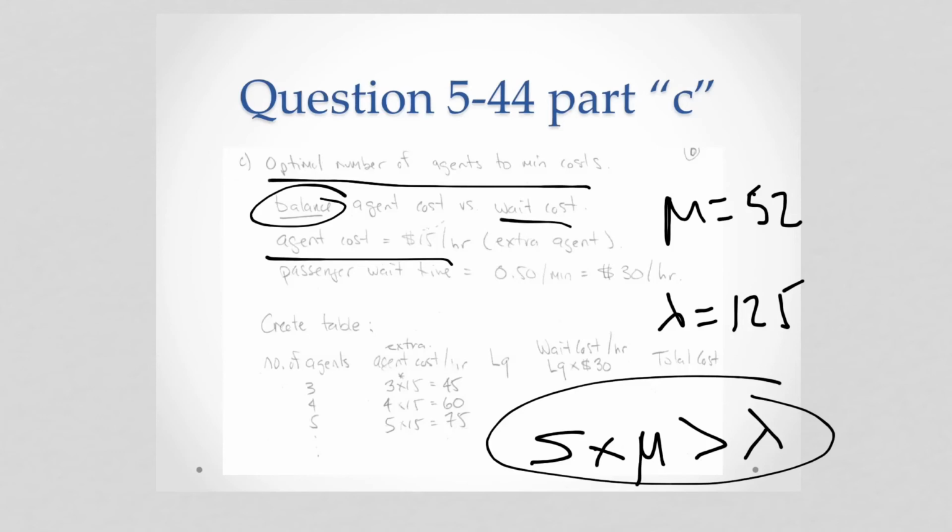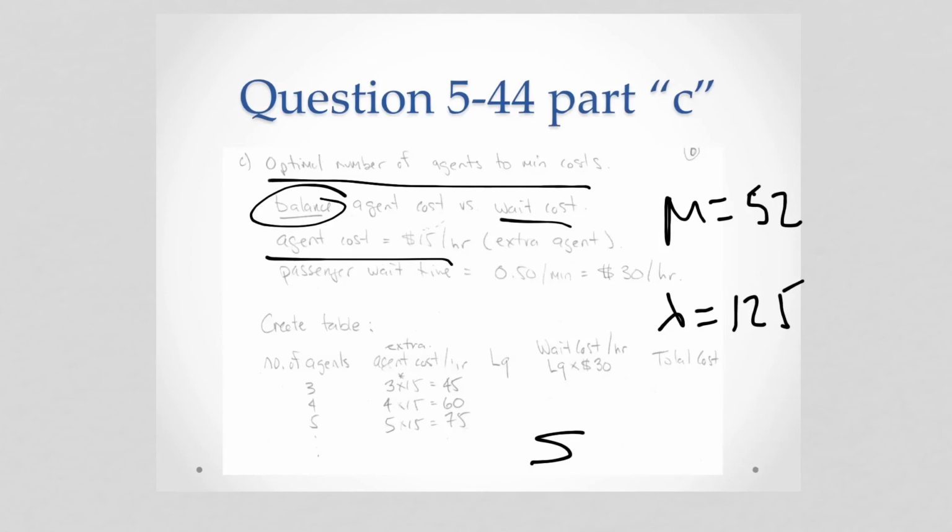Let's look at it another way, just to clarify that. Lambda, the arrival rate, is 125 passengers per hour, and mu is our service rate at 52. So our lambda is going to overwhelm the servers if there's only one server. If there were 2 servers, 2 times 52 is 104, and 125 is greater than that, so it would still overwhelm.